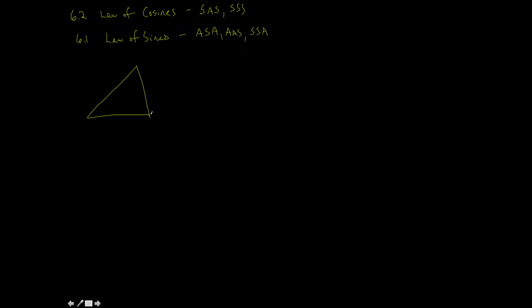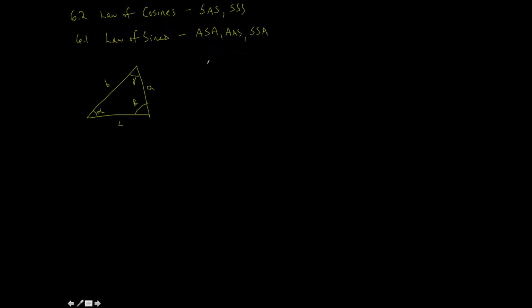If we have a triangle, and this angle is beta, this angle is alpha, this angle is gamma, then this side opposite would be B, this side opposite would be A, this side opposite would be C. What the law of cosines says is it's going to allow us to solve for any side opposite the given angle.